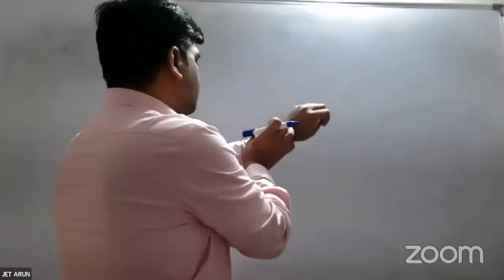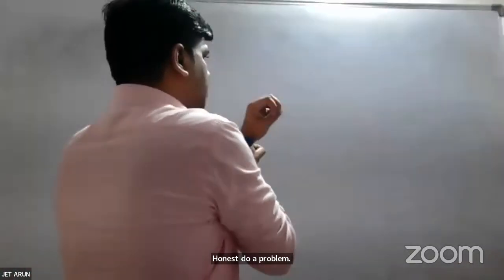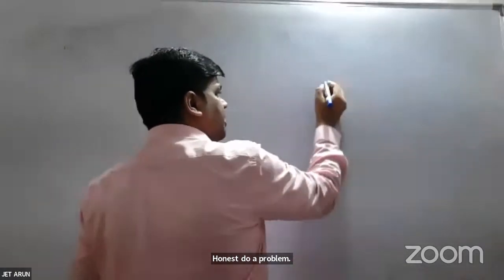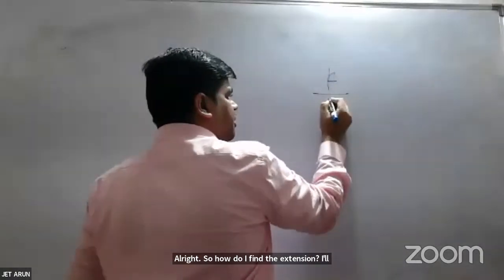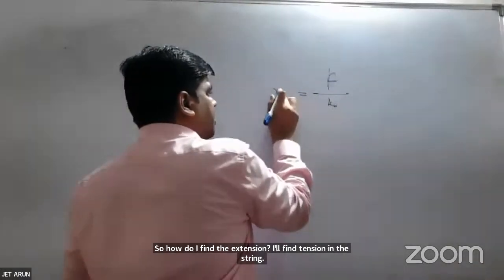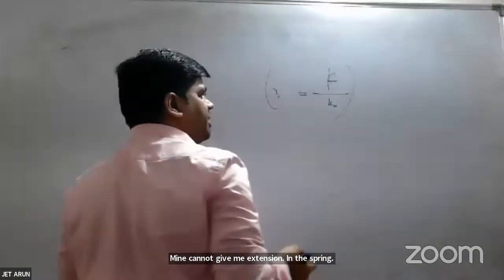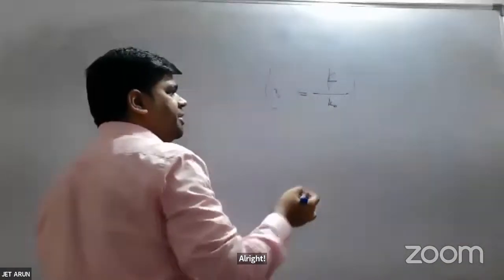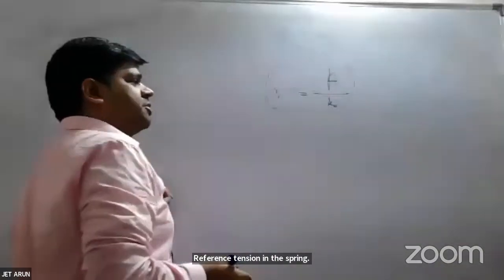Now let's do a problem. How do I find the extension in the spring? I'll find the tension in the spring, and tension by K naught will give me the extension in the spring, where F is the tension.